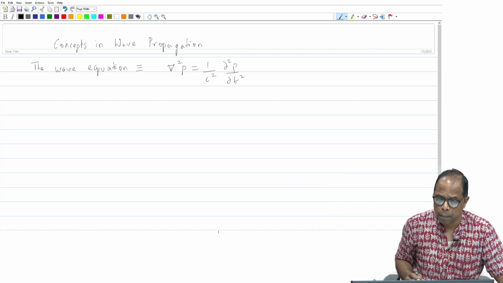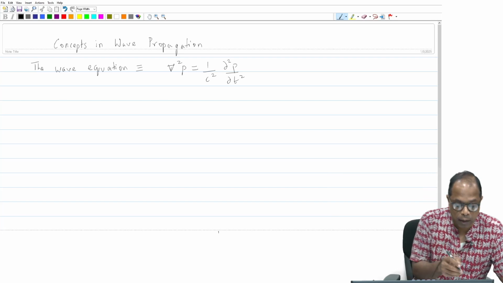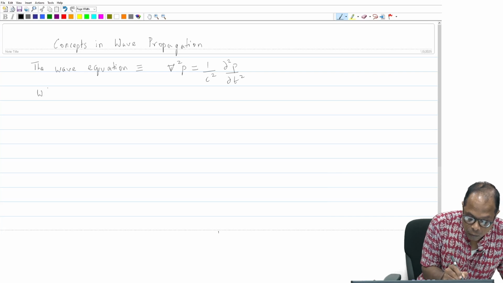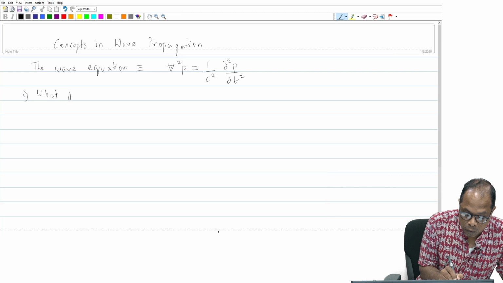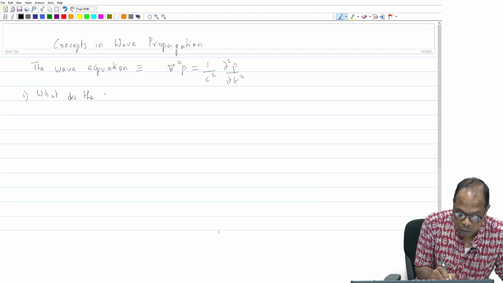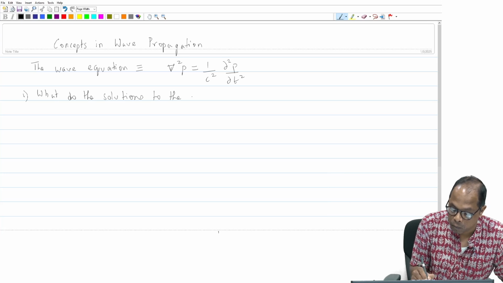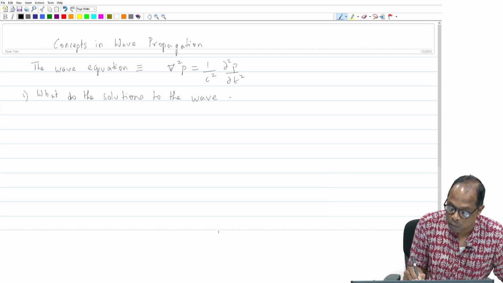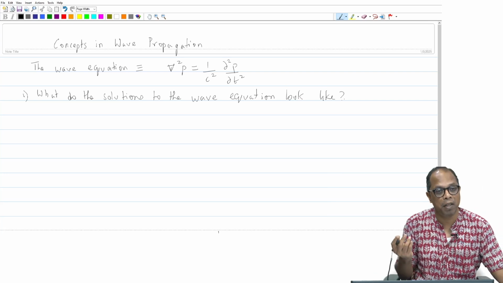Now the question is, what do the solutions to this wave equation look like? Meaning, what are waves basically?